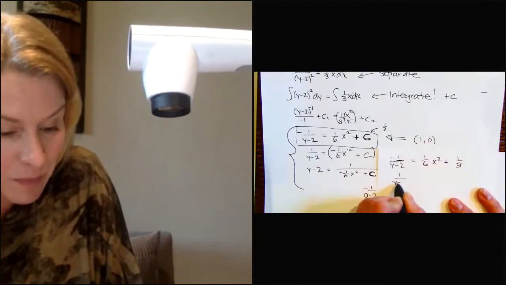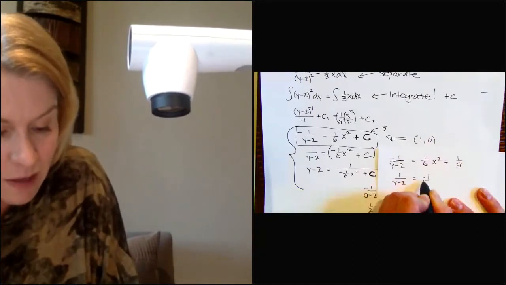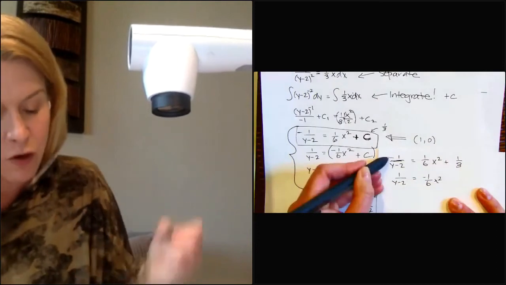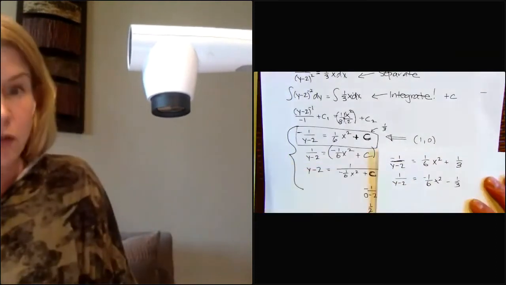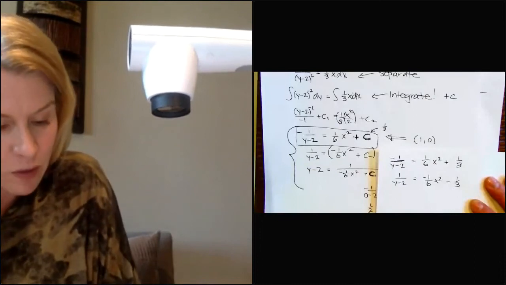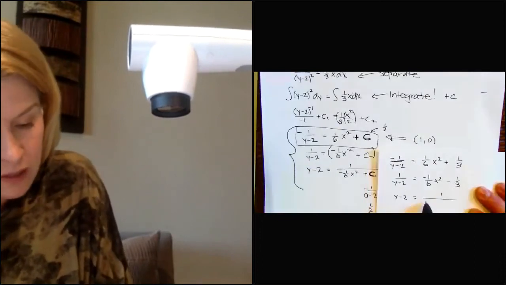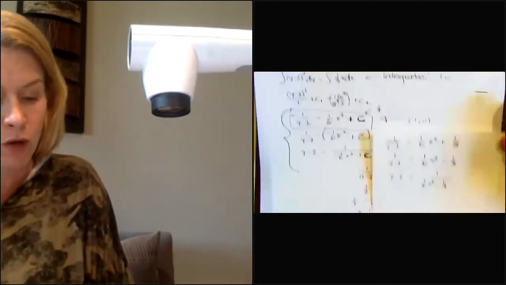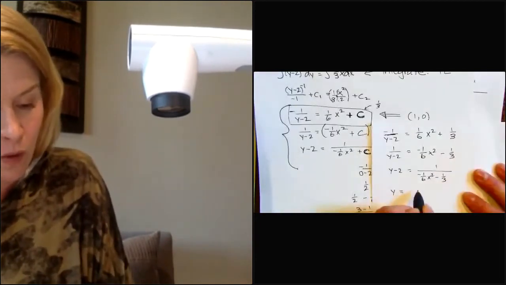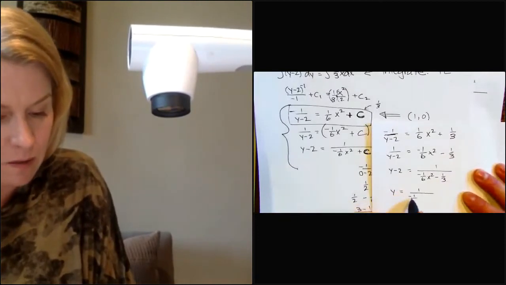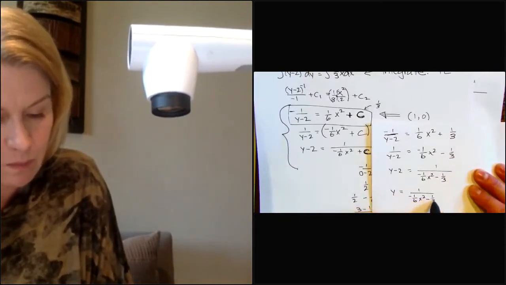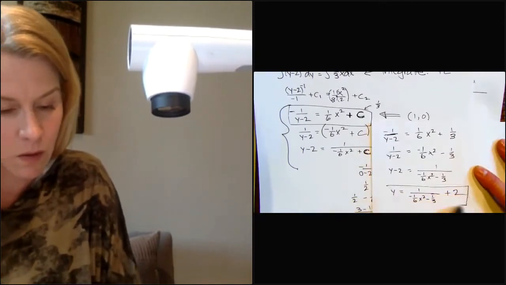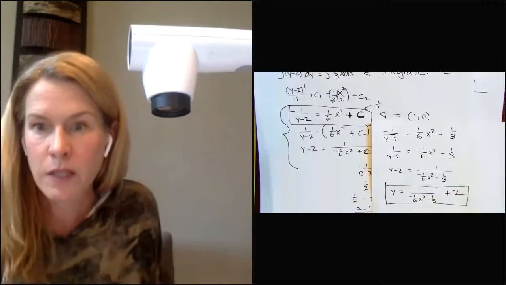So I've got negative 1/6 x squared, so negative, this is now positive, negative, and minus 1/3. Again, let's do our reciprocal. So y minus 2 equals 1 over all of this. And of course, we can add the 2 over to the right-hand side. And there you go. We have our particular solution.